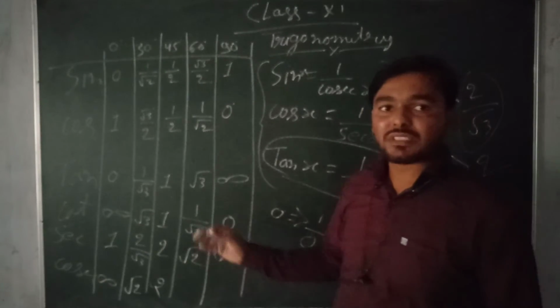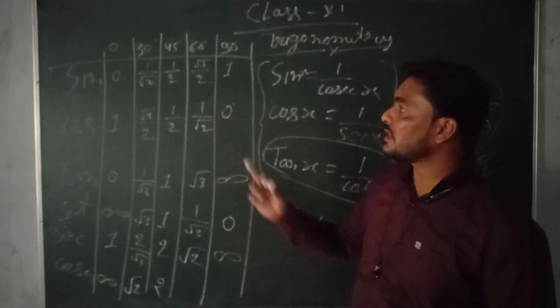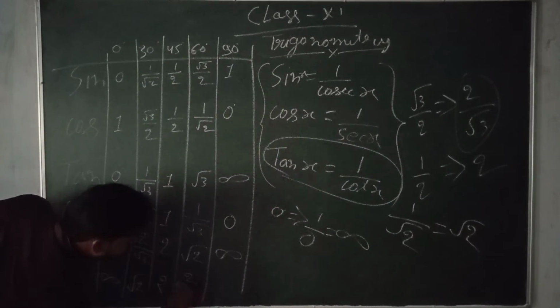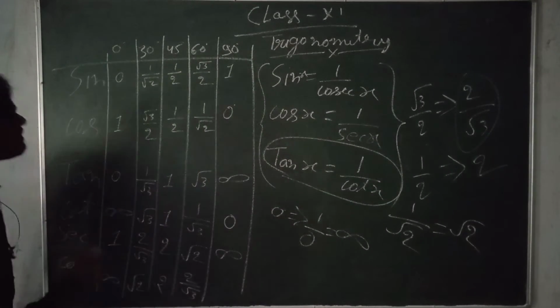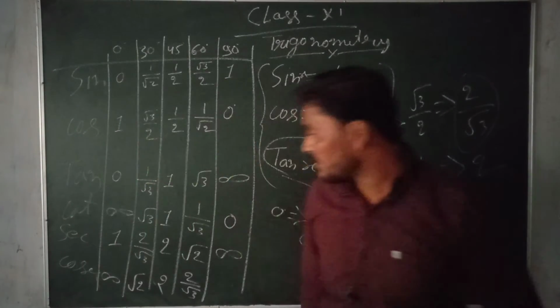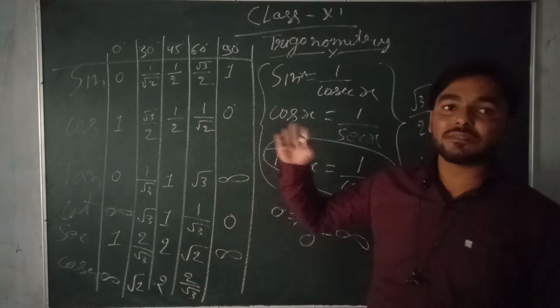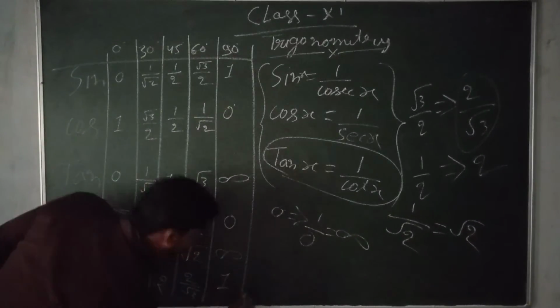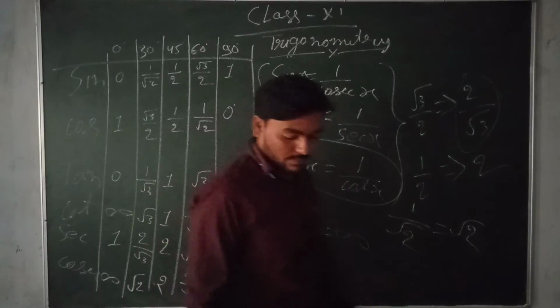For finding the cosec value, we reciprocate the value of sin 60. It will be 2 by root 3. Now the sin 90 value is equal to 1. For finding cosec 90, reciprocate the value of sin 90. It will be equal to 1.